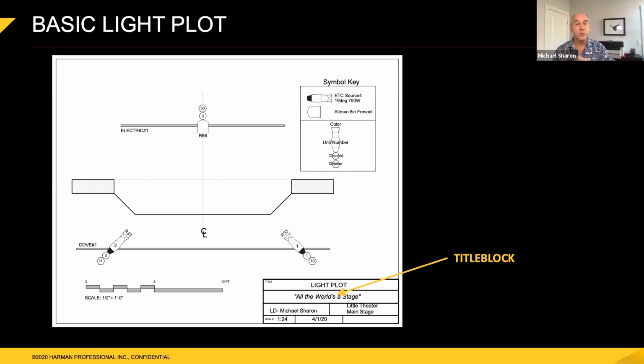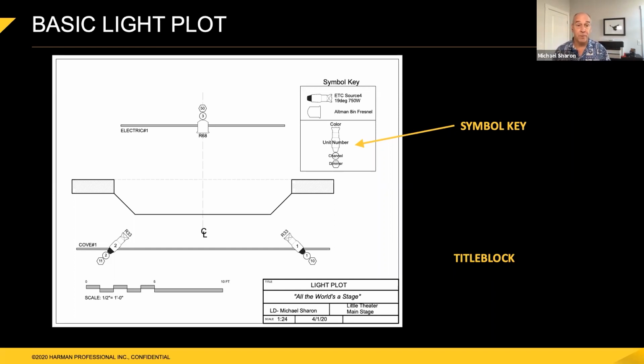Okay, good. Now that we know we've got the right drawing we're working on, what are we doing? Oh, now you've got a symbol key. Your symbol key calls out all of the symbols that you use in your drawing: all of your lights, all of your various pieces of equipment, and also how, on your particular drawing, you are marking out the color, the unit number, channels and dimmers.